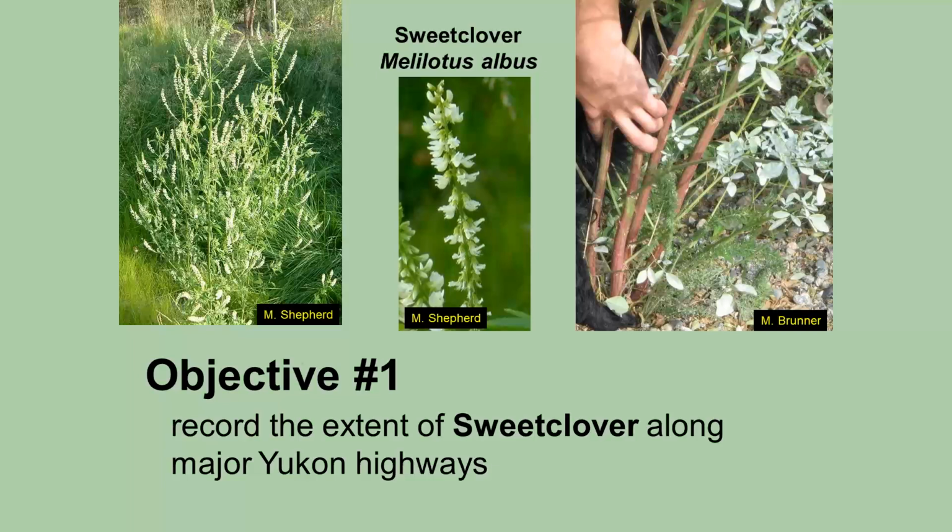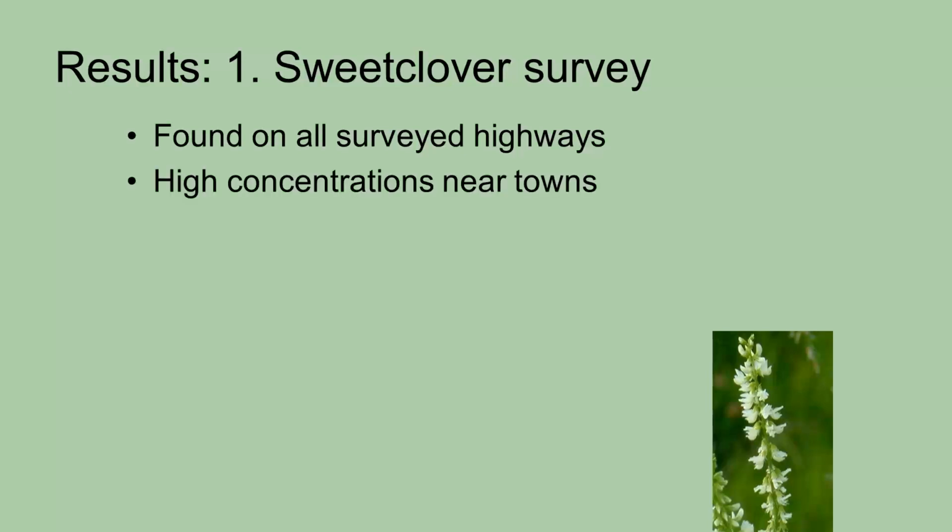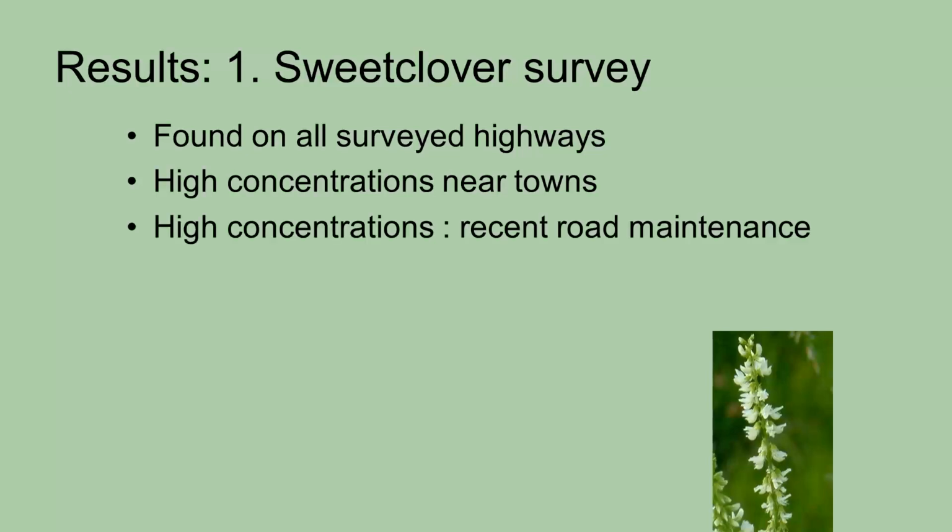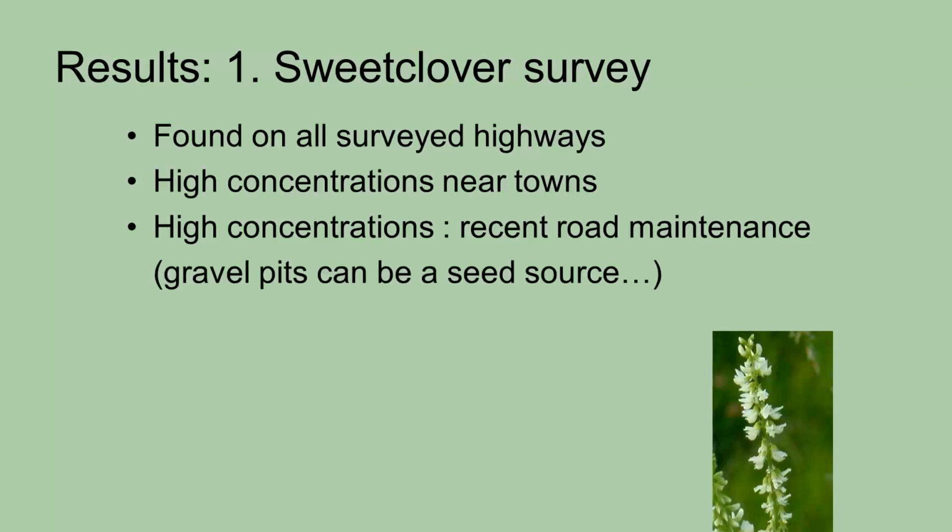And you can see these big, thick stems that were causing problems for the mowing equipment. And so they discovered that in 2007, it was on all surveyed highways. The highest concentrations were near towns, and the highest concentrations were associated with recent road maintenance.